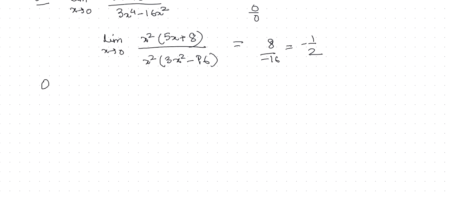Now the next problem is limit x tends to 3, of (square root of x plus 6 minus 3) over (x minus 3). If you put x is equal to 3, it becomes undefined and it is 0 by 0. So we can do rationalization here.